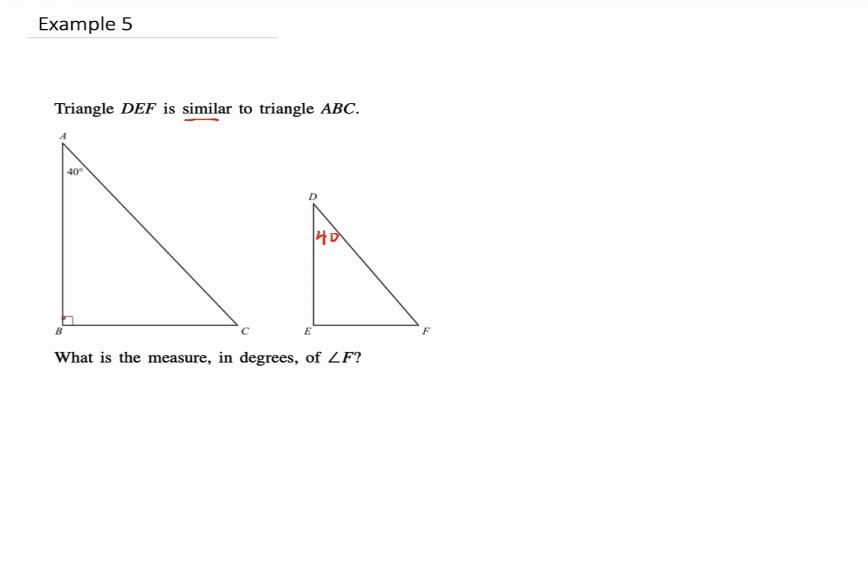Angle B is a right angle, and right angles are 90 degrees. Whenever you see that box, it's a right angle, which means that angle E is also 90 degrees. I don't know what C is, so I don't know what F is. The question being asked is, what is the measure in degrees of angle F?